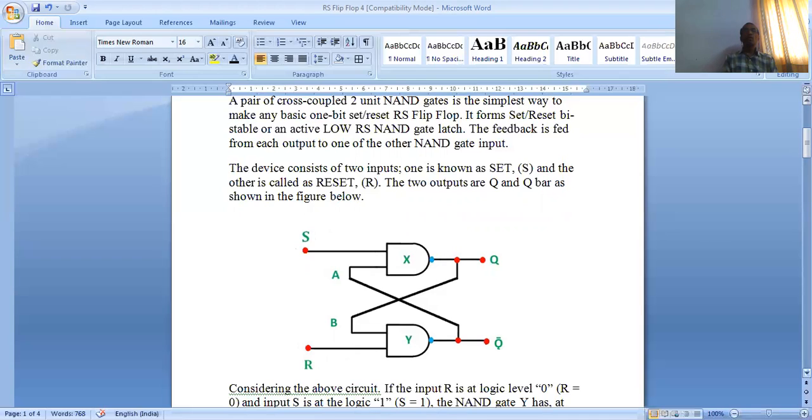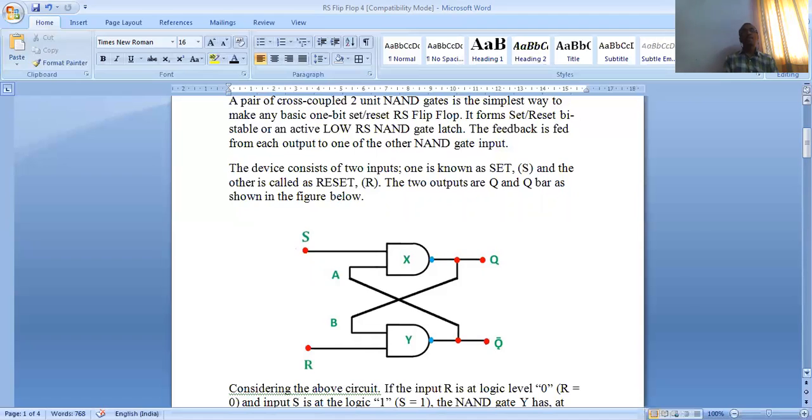Then Q is first crossed over and then connected as input to the lower NAND gate Y. The output of the lower NAND gate, Q bar, is first crossed over and then connected to the upper NAND gate X as an input.